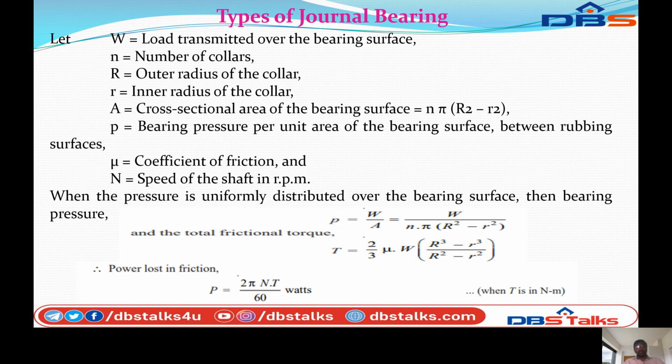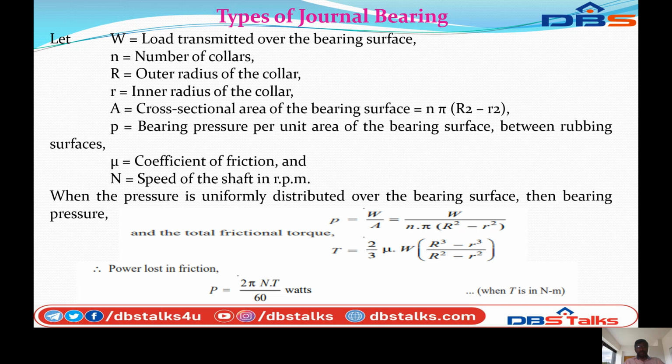Let W equal the load transmitted over the bearing surface. N equals the number of collars. R is equal to the outer radius of the collar. Small r equals the inner radius of the collar. A is the cross-sectional area of the bearing surface, N pi (R squared minus small r squared).